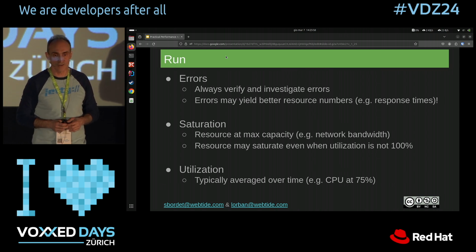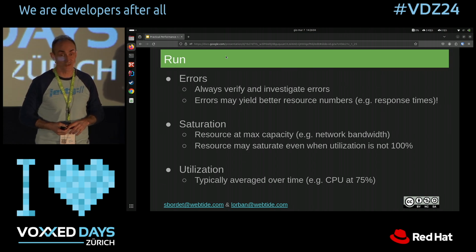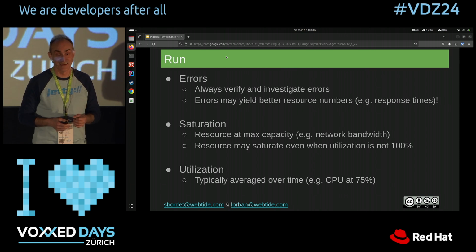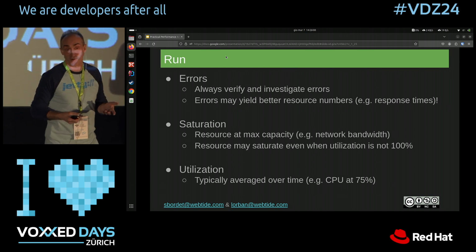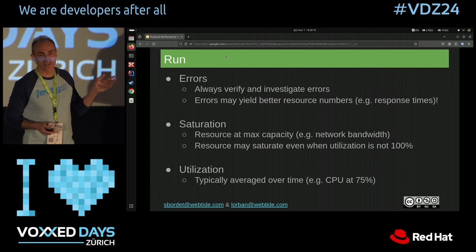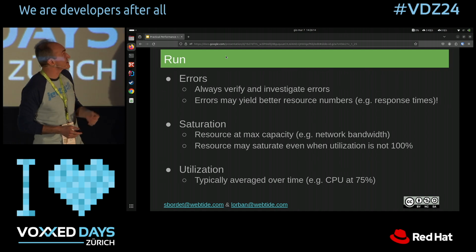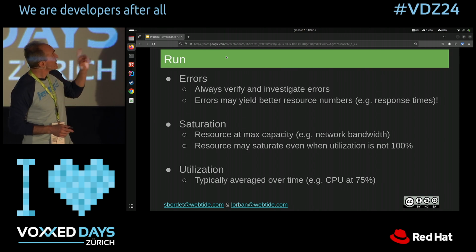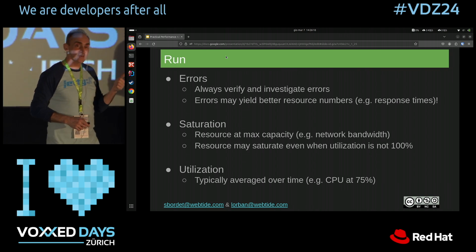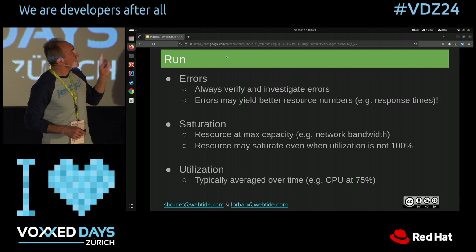I said, oh, wow, the system is really, really fast. Yes, but it was replying 404s really, really fast. So the 404s were interesting, but not that interesting for my use case. I was doing nothing fundamentally at the server side. So check for errors.